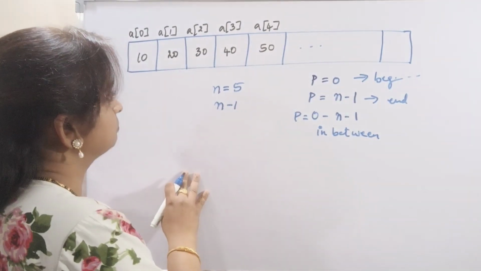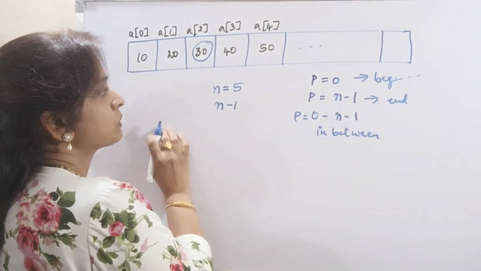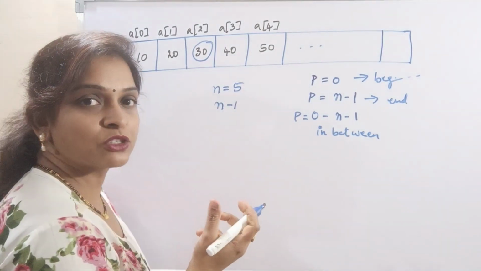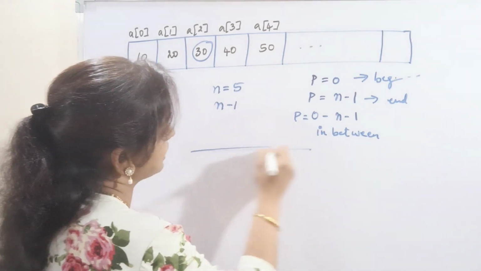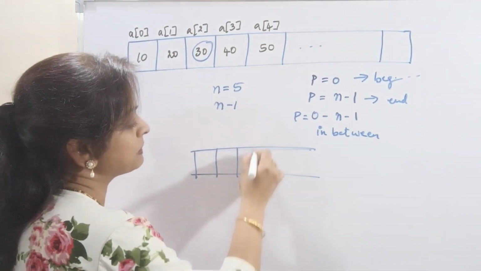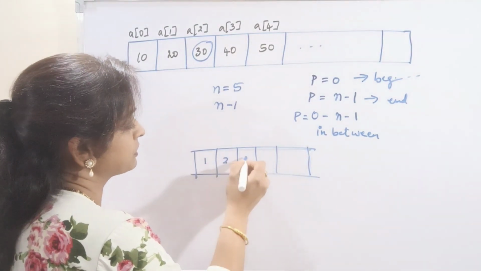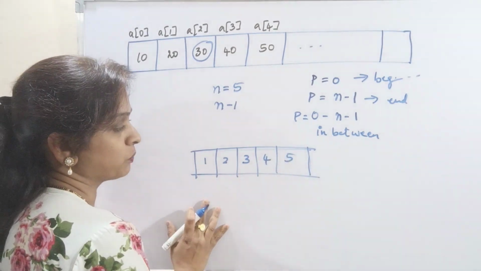So just imagine I want to delete this element. What happens when I delete the element? First of all, the size of the array gets decreased. Just imagine you are standing in a queue. You have a few people standing in the queue: the first person, second person, third, fourth and fifth. 5 people are standing in the queue.